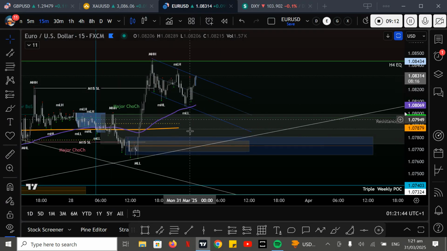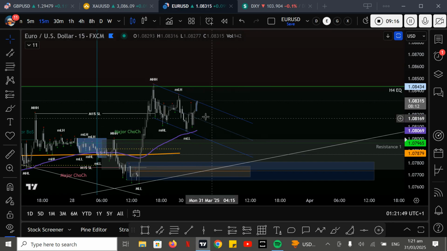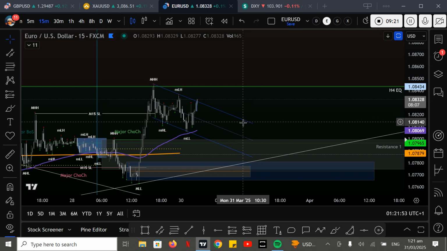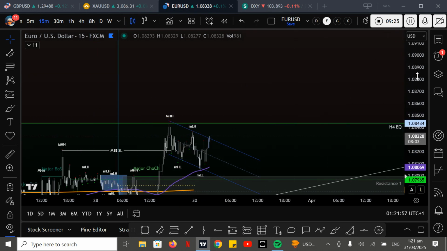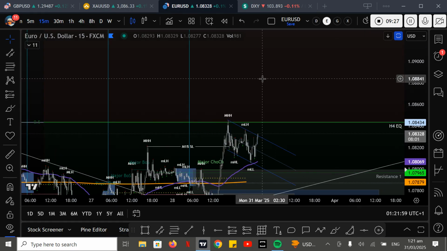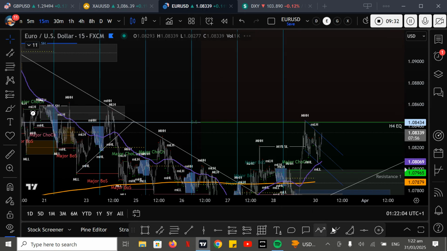So I'll be waiting for price to come down here. But again, we can just have this channel, this bull flag, and then price could just move up, continue to the upside into our level that we spoke about.